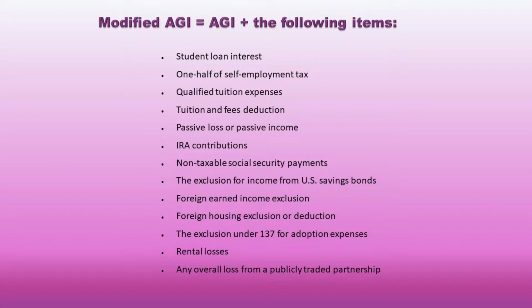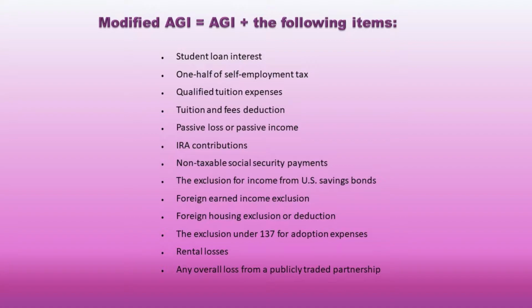So what is modified AGI? In simple words, it is AGI plus certain items. The student loan interest deduction is not added back in the modified AGI, so you don't have to worry about that. The self-employment tax, qualified tuition expenses, and a bunch of other things. That's how you calculate your modified AGI.